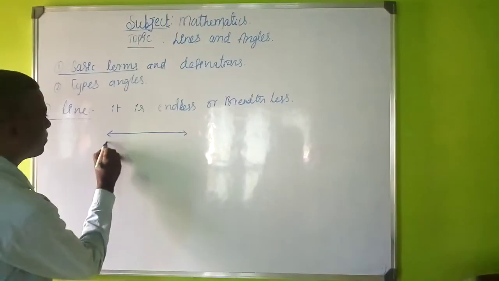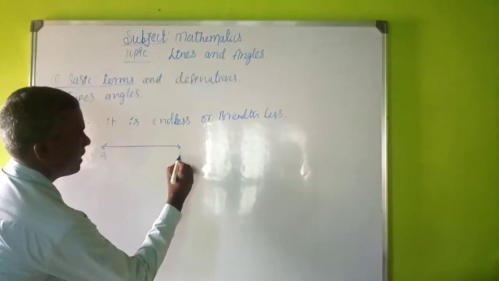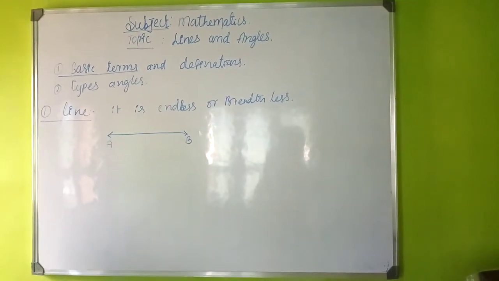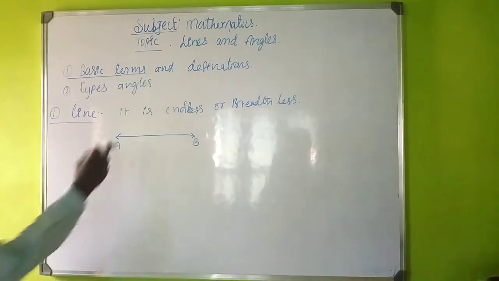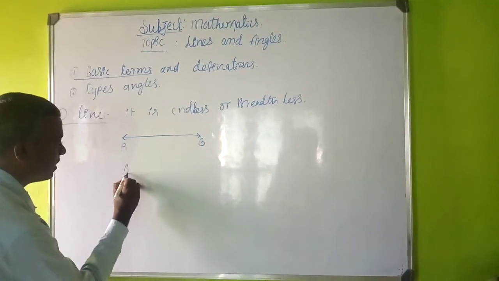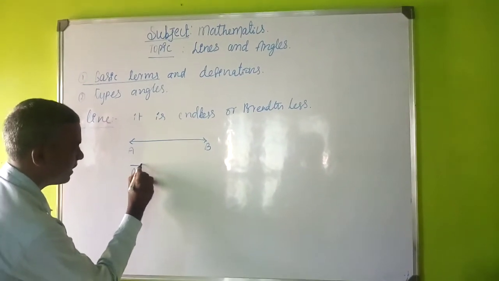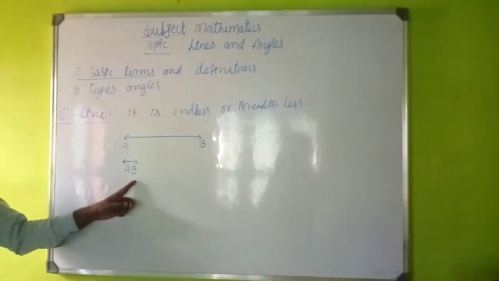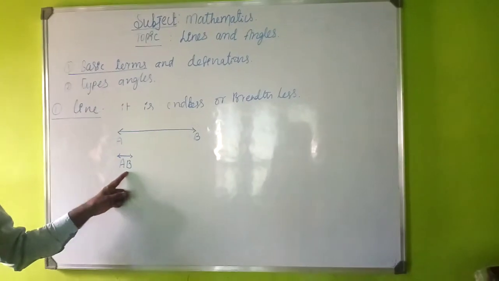Basically we have to represent it as A and B. A and B, in geometry, is a line. So symbolically it can be represented as line AB. Both the sides you have to take the arrow mark. So this is your line AB.